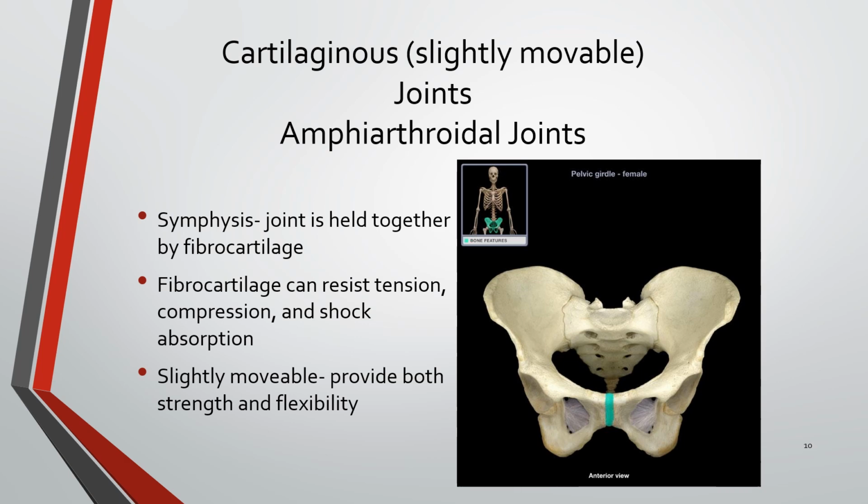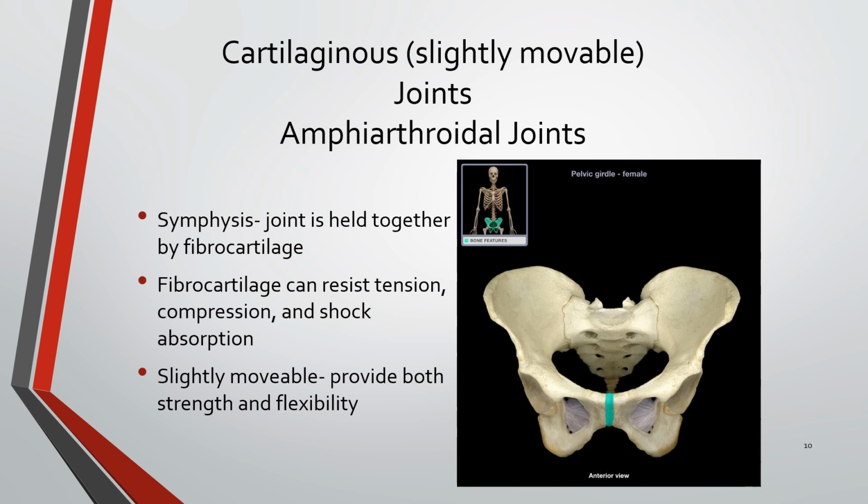Fibrocartilage was one of the specialty types of cartilage. And the job of fibrocartilage, again, is to resist tension, compression, and shock absorption. And so you can see here in the green, this is the actual pubic symphysis. And what it's basically doing is connecting the two pubic bones, which are here.